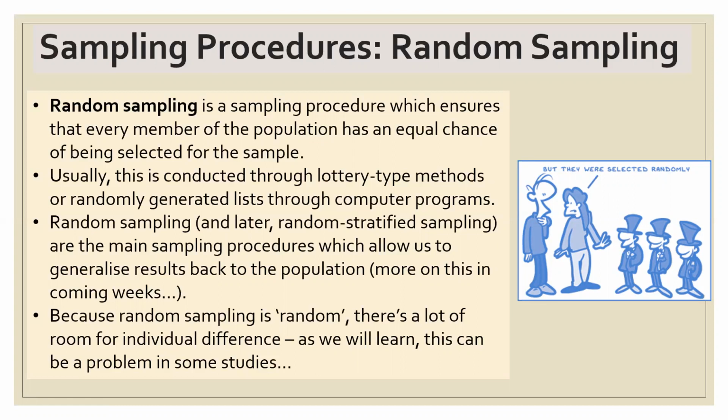The first one, which you would have remembered learning about last year, is random sampling. Random sampling is a really good sampling procedure because it helps you to ensure that every member of the population has an equal chance of being selected for that particular sample.